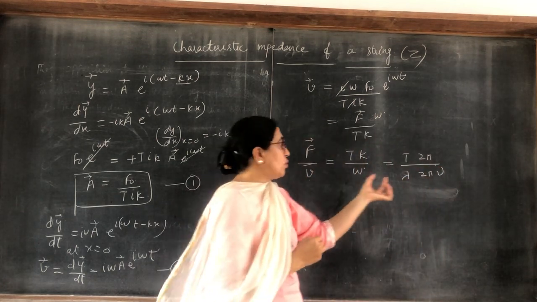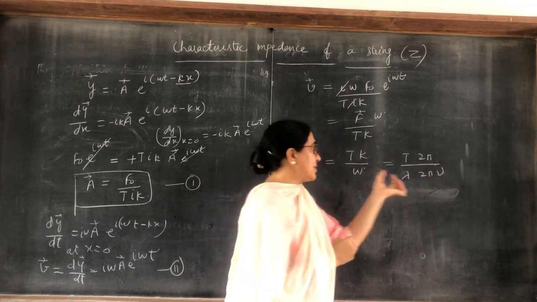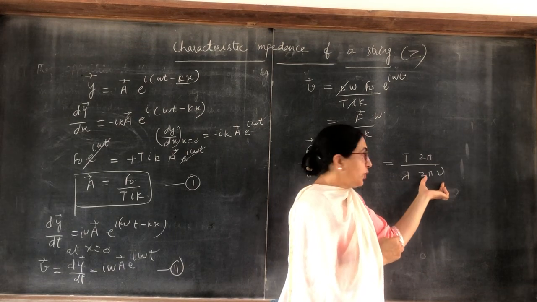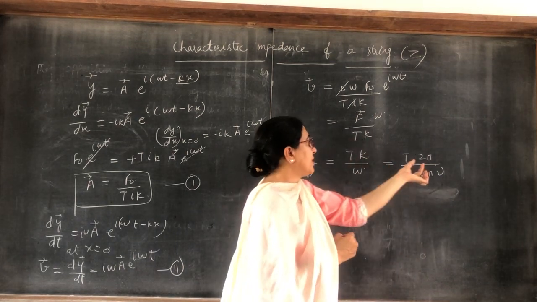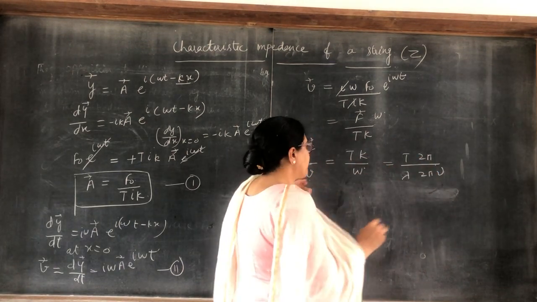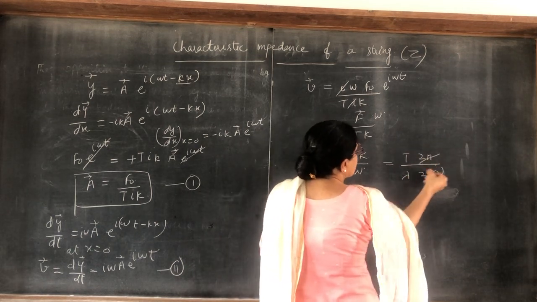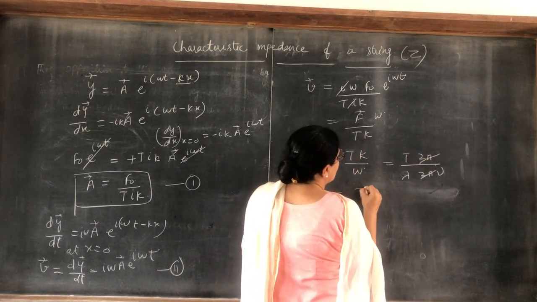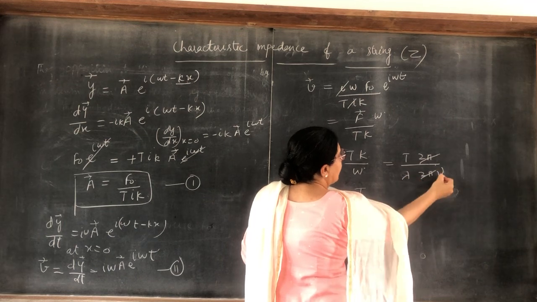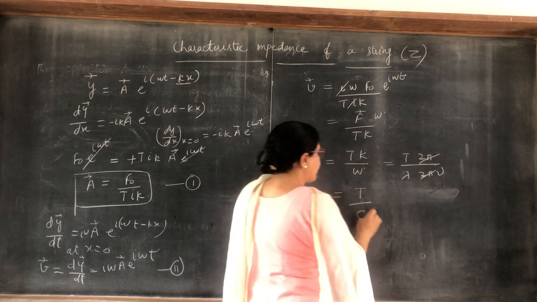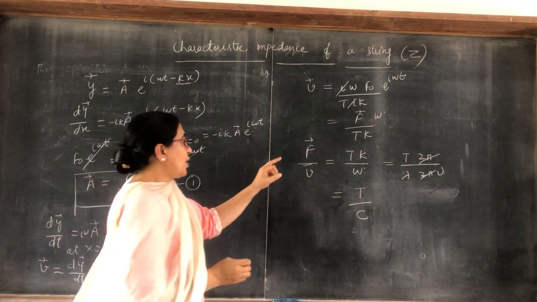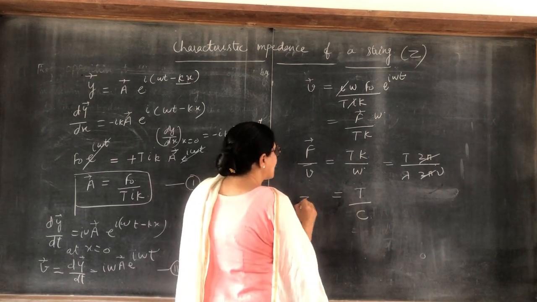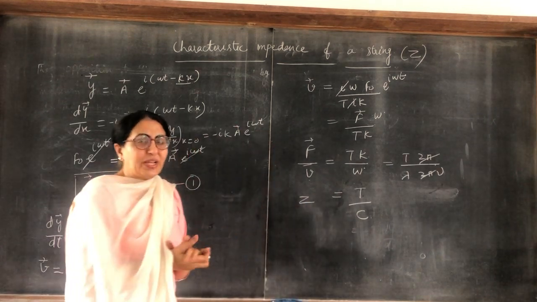Omega is angular frequency, so you can write it 2 pi nu, and k, the wave vector, is 2 pi by lambda. So 2 pi goes with 2 pi, so this is equal to T by nu lambda. Nu lambda is c. So f over v is equal to Z, so Z is equal to T by c.